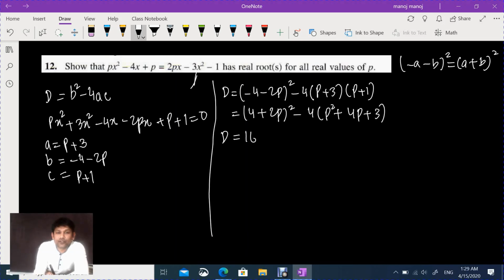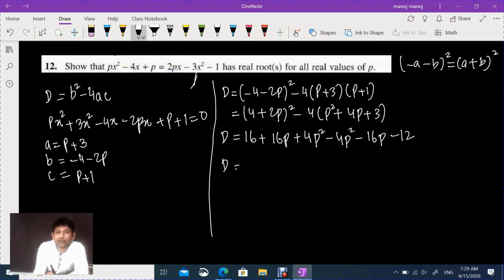4 square is 16. Using the formula, 16 plus 16p plus 4p square, minus 4p square minus 16p minus 12.